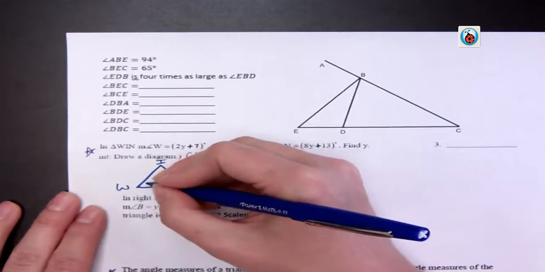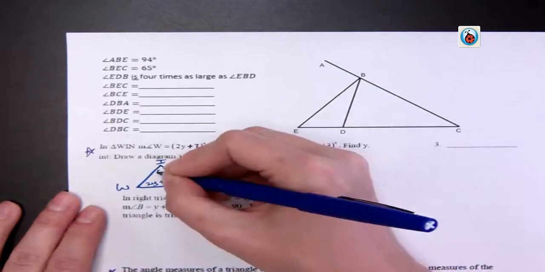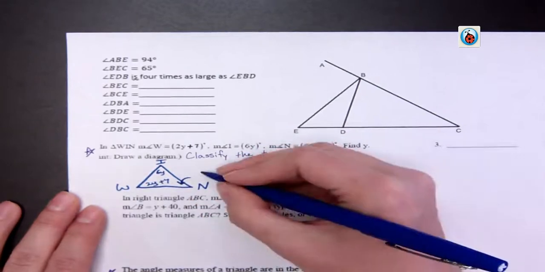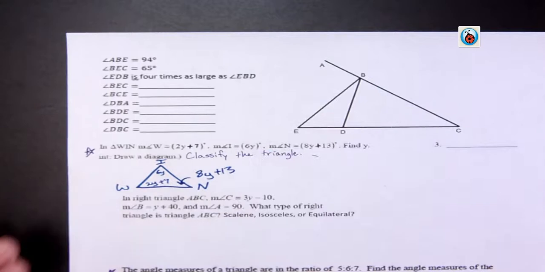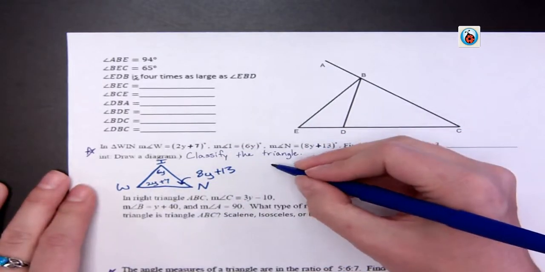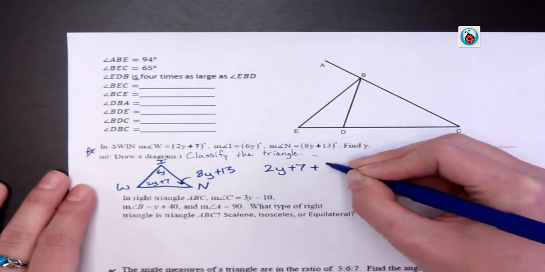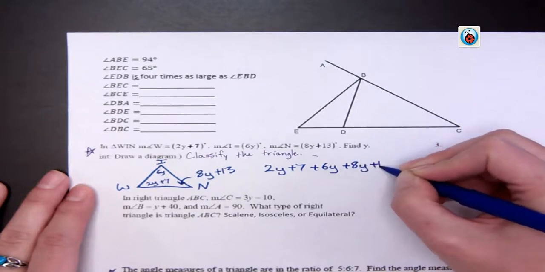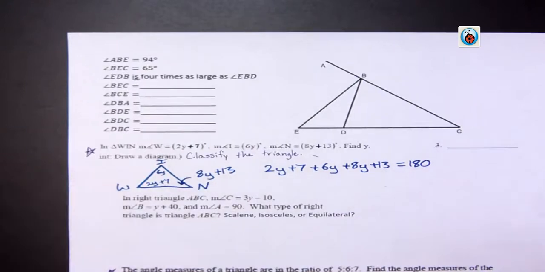And I label 2y plus 7, 6y, I don't have space so I'll do the arrow in there, 8y plus 13. So I drew my diagram. I know they all add up to 180, so I write my equation, add it all up to equal 180.